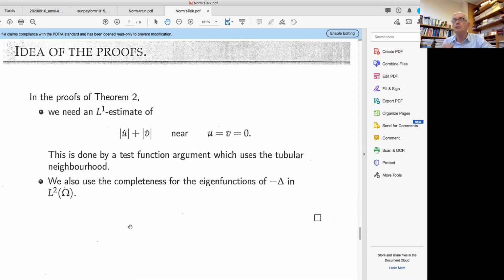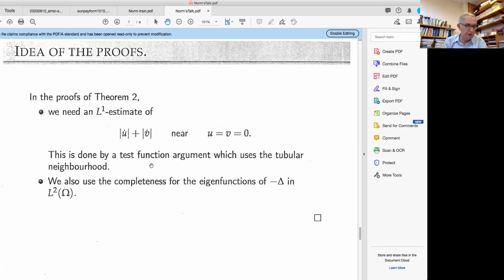Now it turns out that we've got to estimate u dot, by the way, the time partial derivative of u, and we've got to estimate u dot and v dot quite well, because we're trying to pass to the limits, which I'll explain in a little while. There are some bad points here if we stay away.